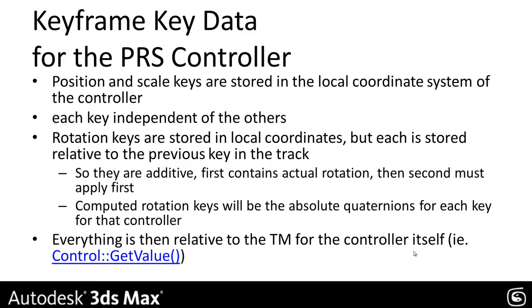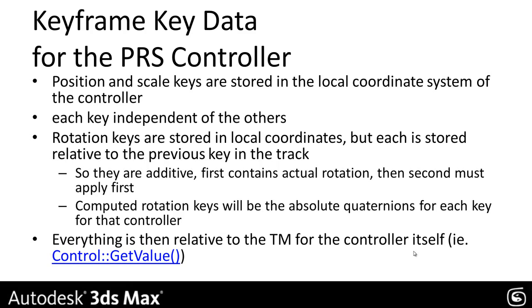Each key is independent of the others, and then the rotation keys are also stored in local coordinates, but each is stored relative to the previous key in the track. So rotation is additive, basically. The computed rotation keys will be the absolute quaternions for each key for that controller. So it gets built up through time.